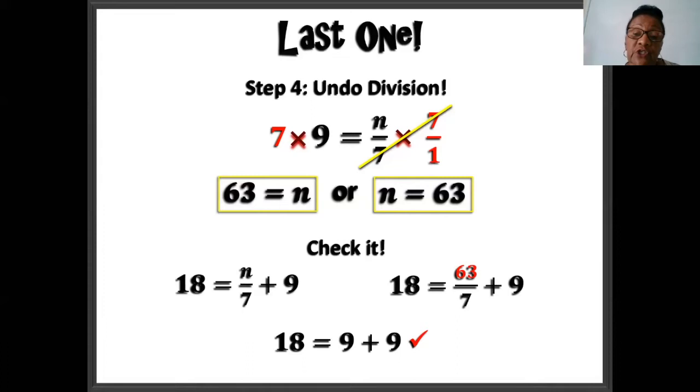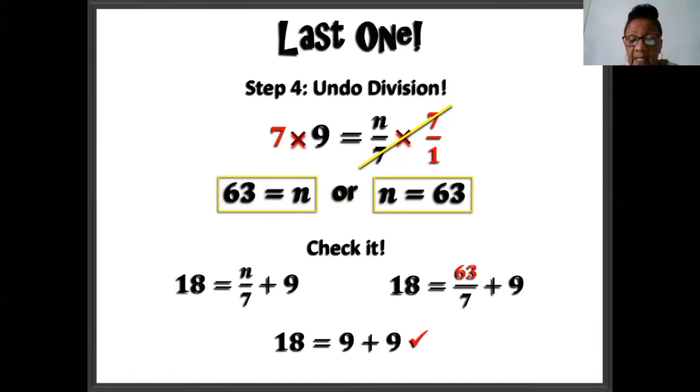Now we want to check to make sure that the solution is correct. How do we do that? We write the original equation, and in the place of the variable, we write in our answer. So our equation is 18 is equal to n divided by 7 plus 9.